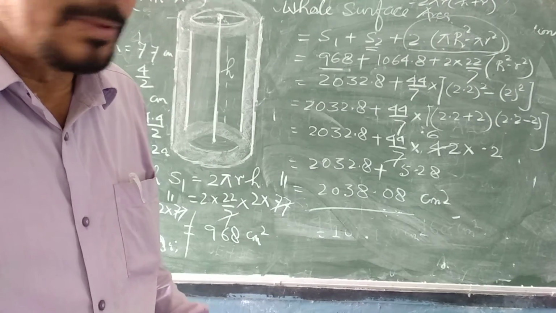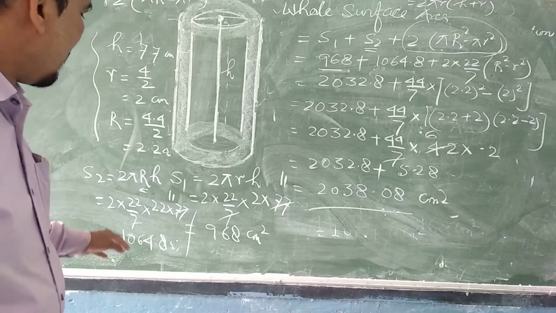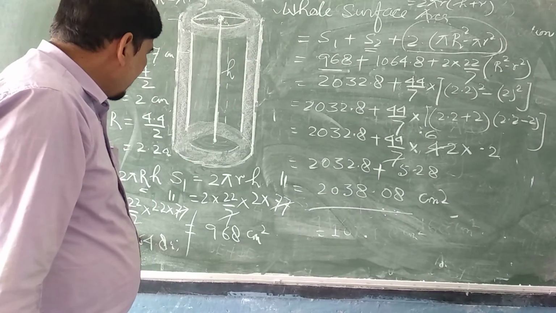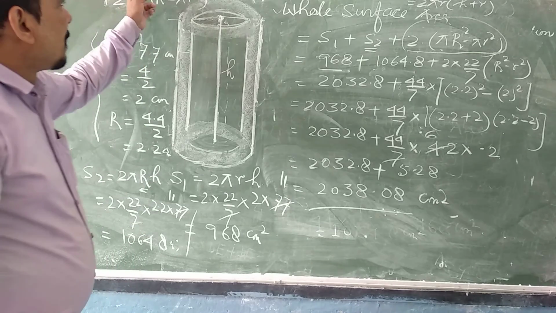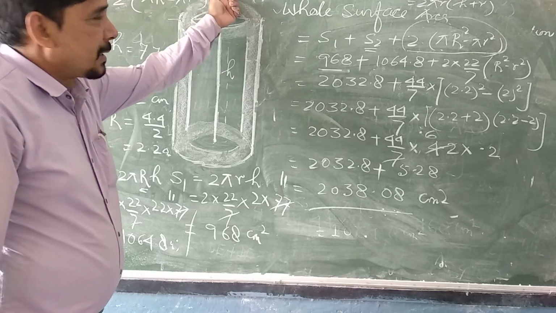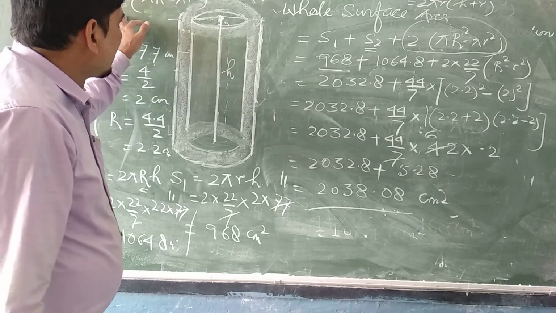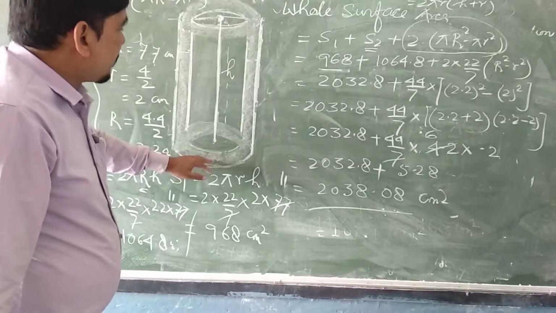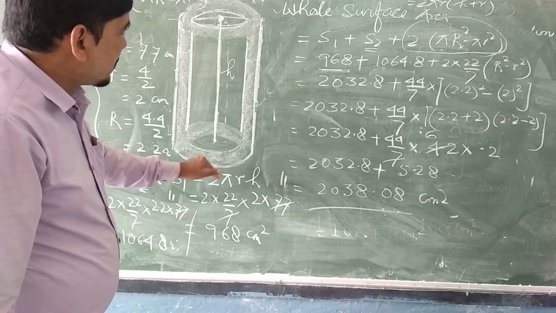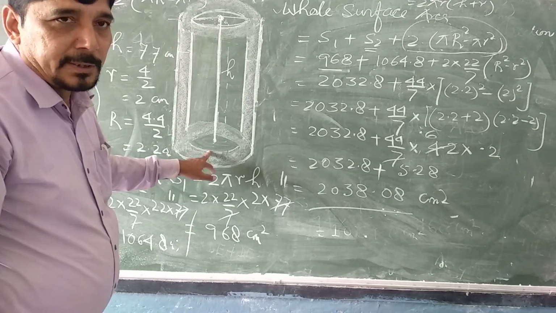Now total surface area: you can find S1 plus S2 plus the area of the circular shape of both ends.